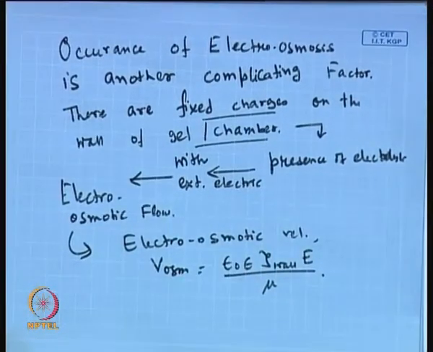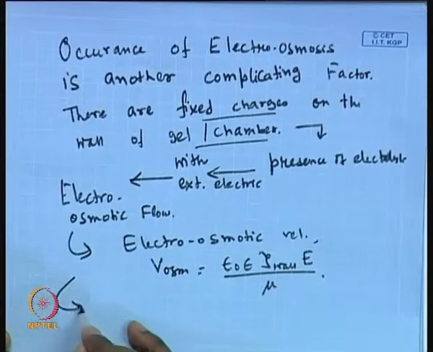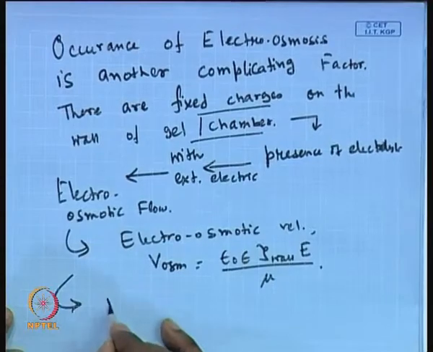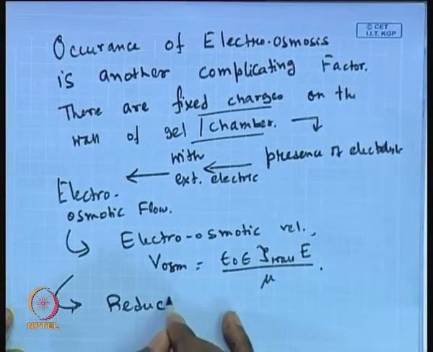This is the electroosmotic velocity, and it reduces the separation, because it is added to the electrophoretic velocity. So, velocity becomes more. If the velocity becomes more, then the residence time between two particles will be less. So, it hinders. So, what is the problem arising out of electroosmotic velocity? Reduction of separation is the result.